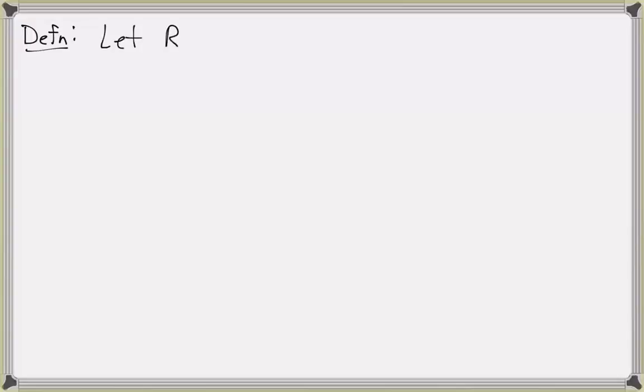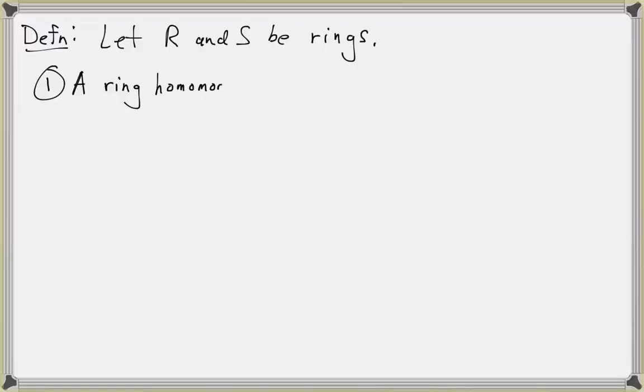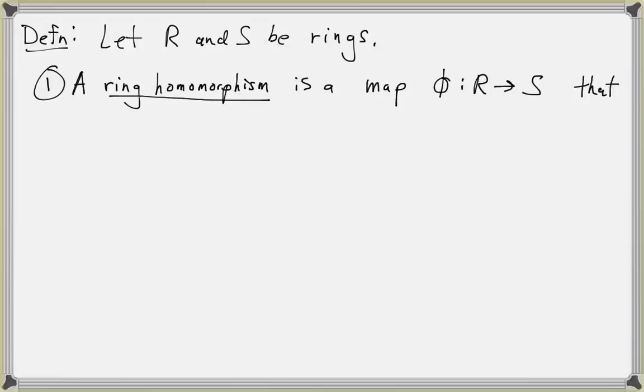We're going to let R and S be rings. Then, first definition, a ring homomorphism is a map phi from ring R to S that preserves the two ring operations.